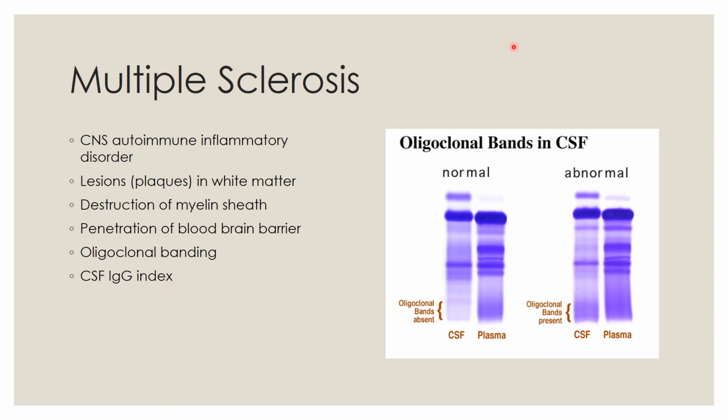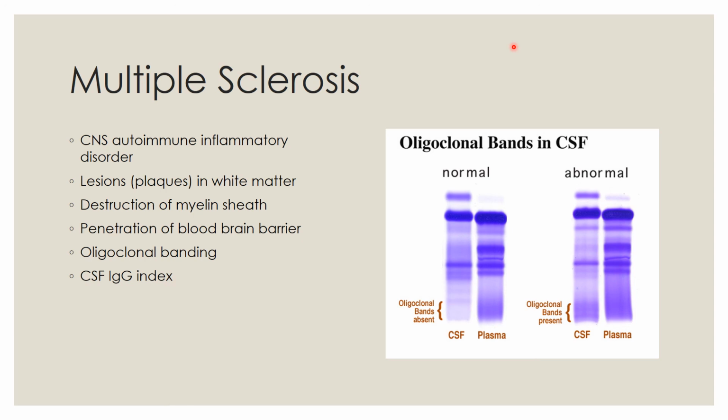The immunoglobulin is increased in the spinal fluid in 75 to 90% of MS patients. And that will result in very distinct bands that are not seen in the serum. So meaning the antibodies are there, but they're in the CSF, right? They're produced and released in the CSF.